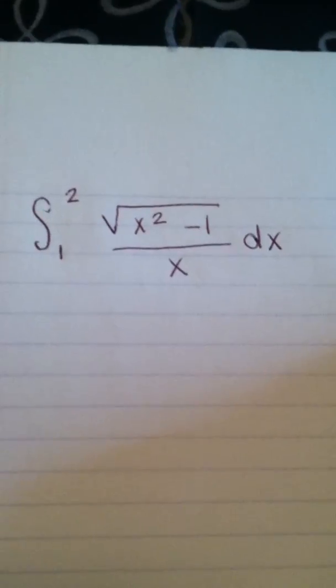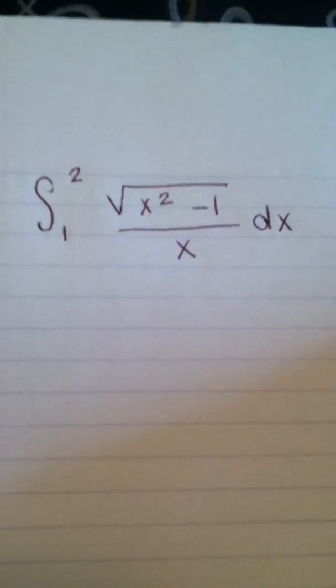We're going to evaluate the integral from 1 to 2 of the square root of x squared minus 1 over x dx. In order to evaluate this integral, we're going to use trig substitution.